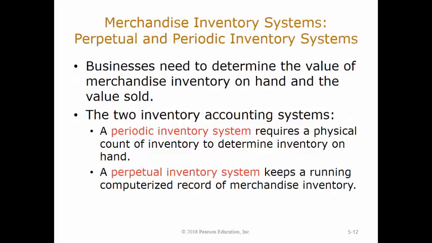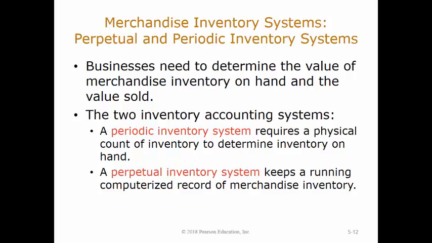A periodic inventory system is an inventory system that requires businesses to obtain a physical count of inventory to determine quantities on hand. The periodic inventory system is most appropriate for inexpensive inventory that is sold by small shops that do not have optical scan or point of sale capability.